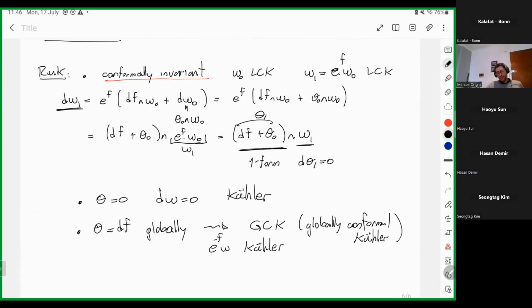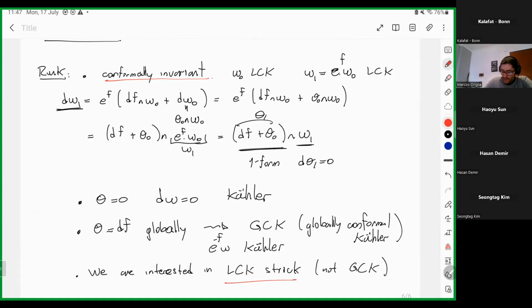So somehow we want to avoid this situation, and we are interested in LCK, let's say strict, which means not globally conformally Kähler. Because if you already have a metric that is globally conformally Kähler, up to this conformal change, you already have a Kähler metric.